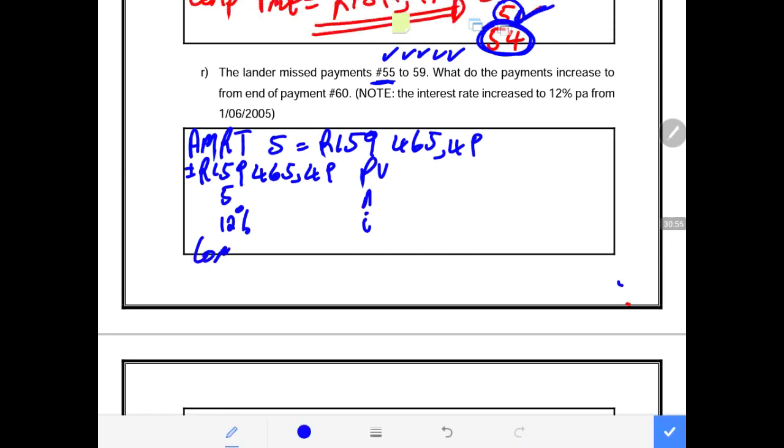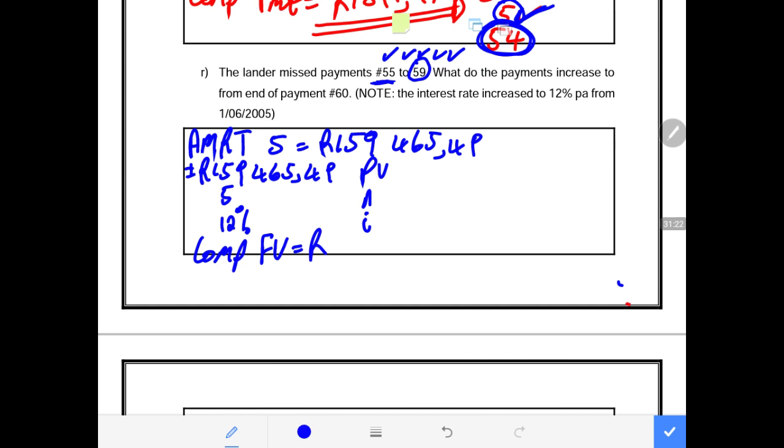So now at the number of months you don't make any payment, the interest is added. So now we need to know how much is the value of the loan after the 59th payment that was made, meaning before the 60th payment was made. So we are looking for the future value. Second function alpha 00 to clear the memory.